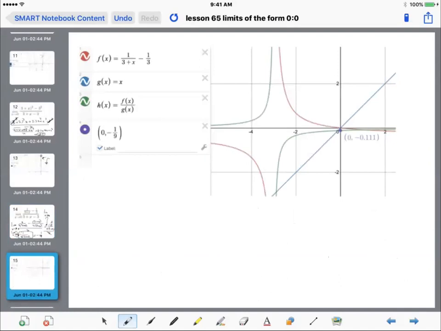When you divide them, you can see the green is also some kind of hyperbola. It's undefined at 0, but coming from the left or from the right, it's heading towards the number -1/9.